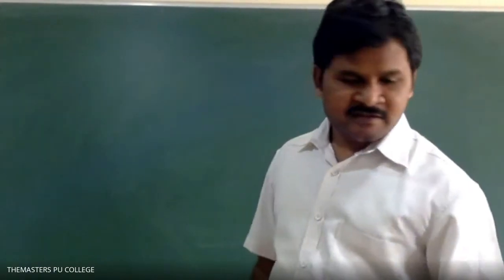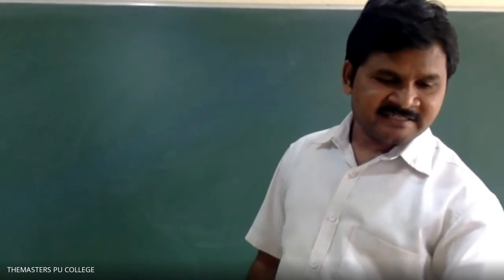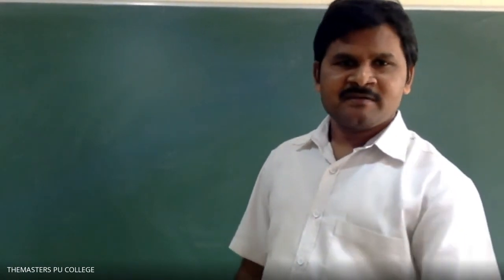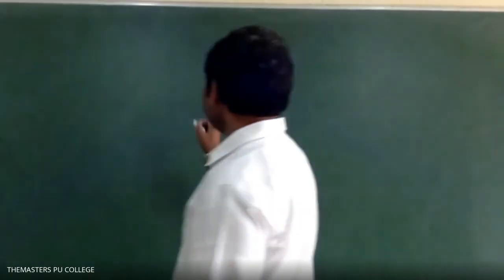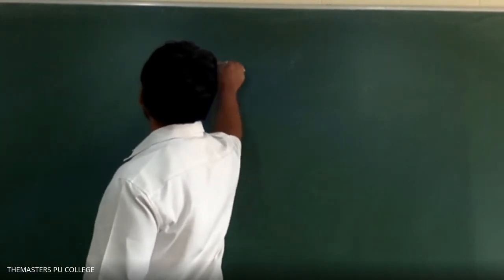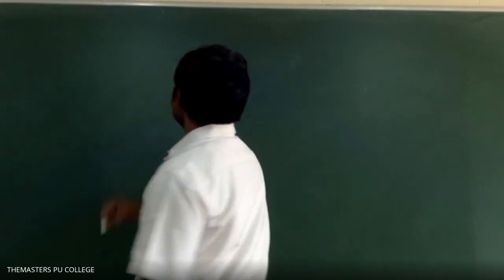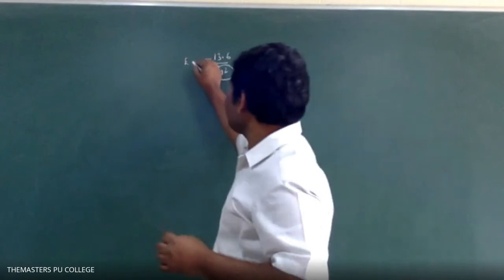Please observe energy, velocity and radius. E is equal to minus 13.6 by n square, so energy is inversely proportional to n square.